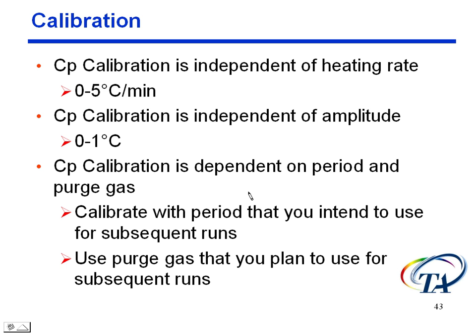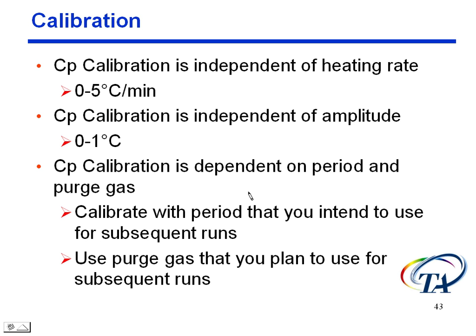Before we go talk about running the sapphire sample, let's give a couple general things about calibration. First off, the heat capacity calibration is independent of heating rate, from 0 to 5 degrees a minute. Normally, you're not going to want to be doing heat capacity at a higher heating rate than that.